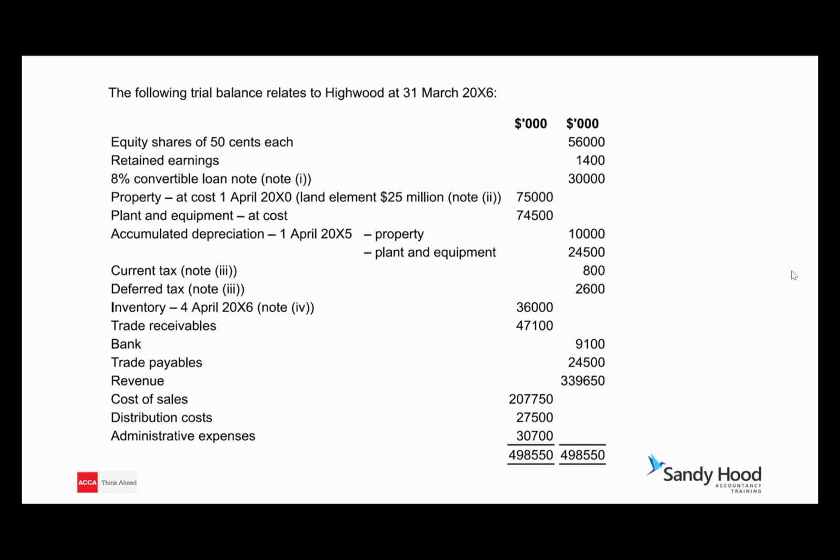Inventory, notice that inventory's on the 4th of April, but our year end was on the 31st of March. So there's a note there. I suspect we're going to have to adjust that. Then we've got trade receivables, bank, trade payables, revenue, cost of sales. No doubt the cost of sales would have some changes within it, but we'll wait and see. Distribution costs and admin expenses.